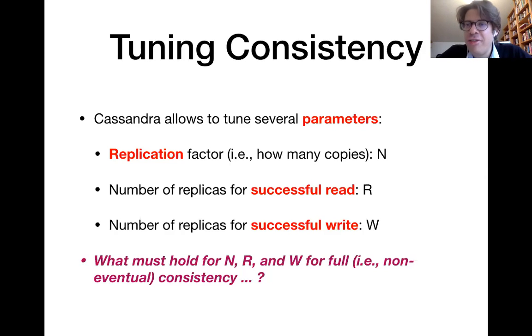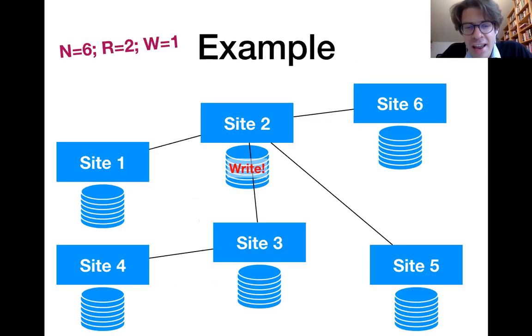Now let's see a couple of examples in order to see why that makes sense. So here we have again those 6 sites, and here, for instance, we set the replication factor to 6. We have 6 sites. We set the number of required reads to 2 and the number of required writes to 1.